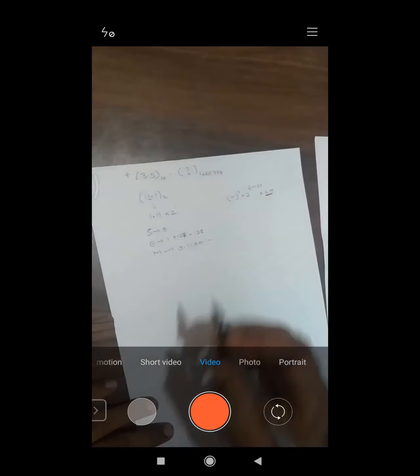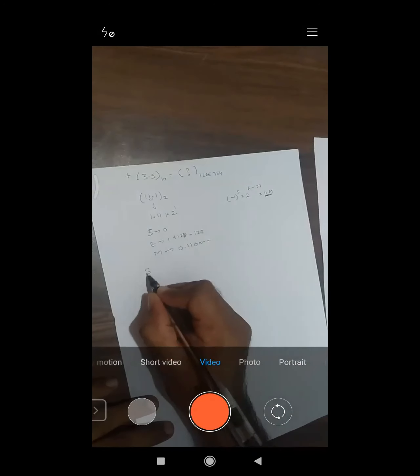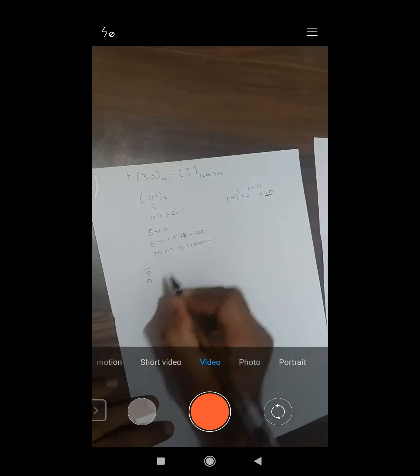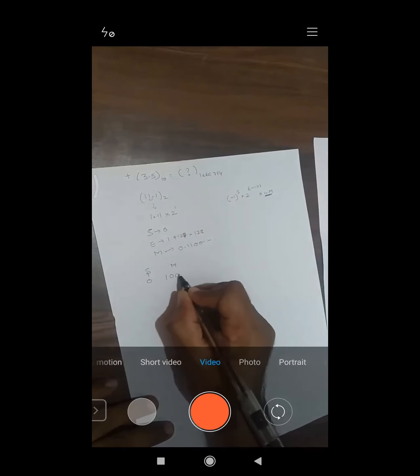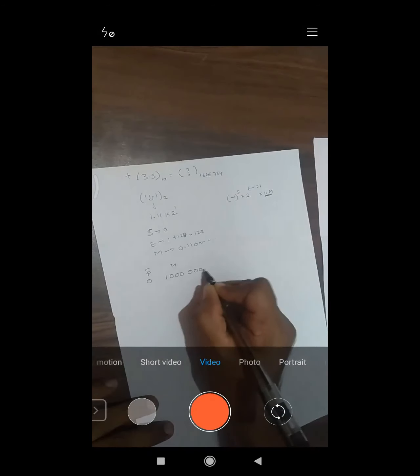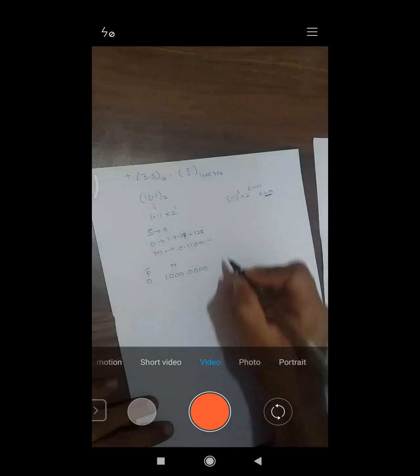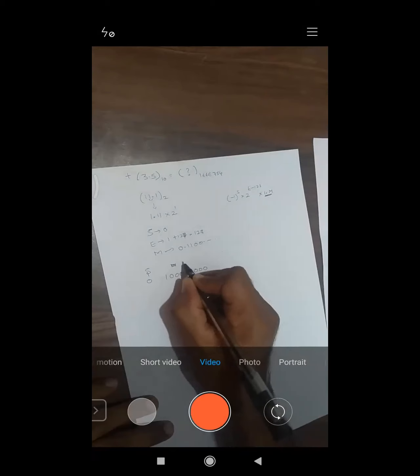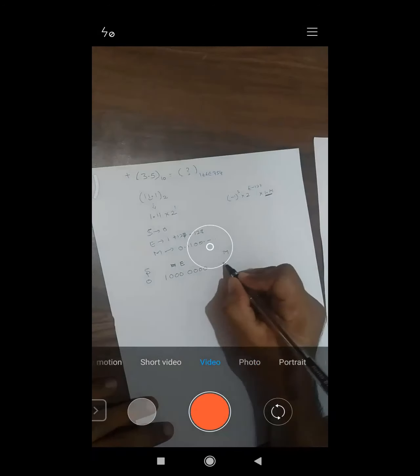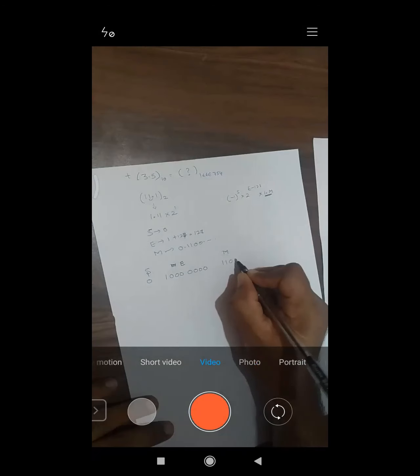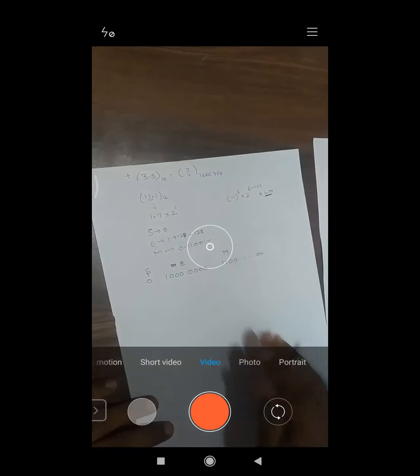Now we are going to put it in terms of sign bit. So sign is 0, biased exponent is 128, so 1000 0000, four zeros. Sorry, this is the biased exponent. And the mantissa is 1100 and so on up to this.